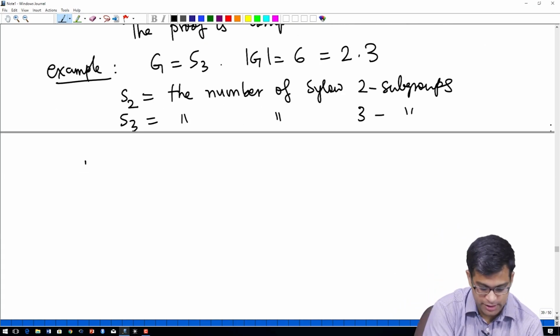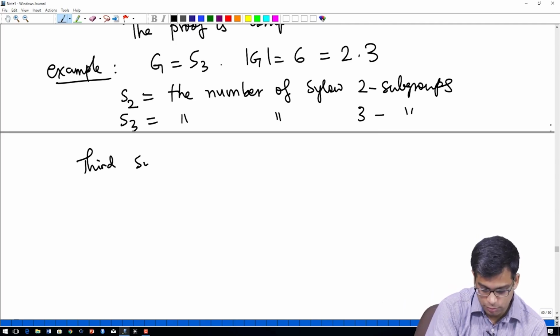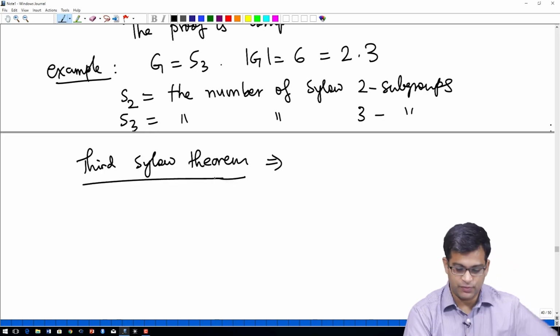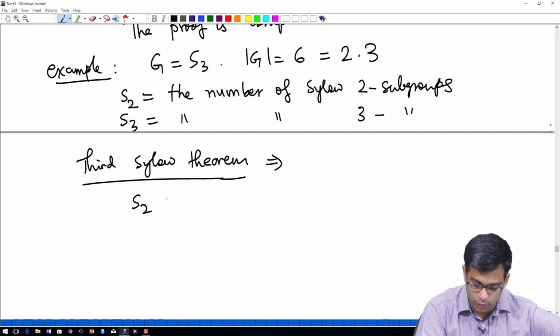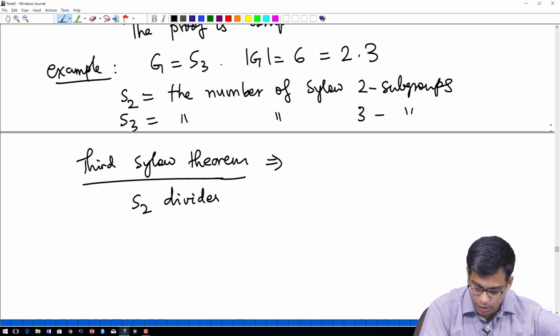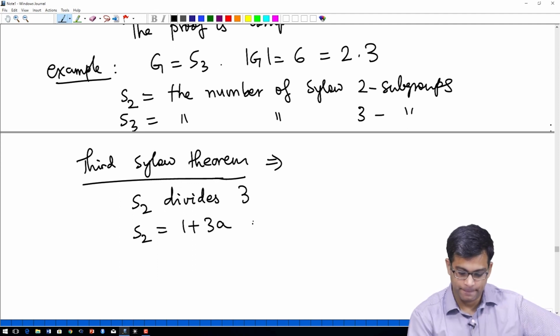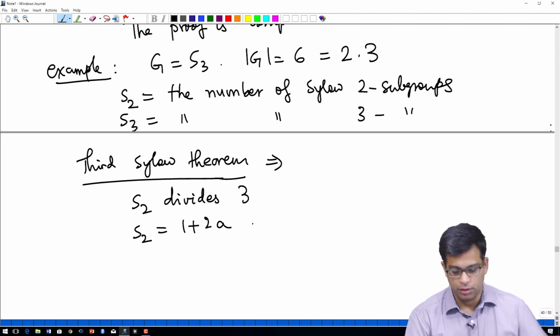The third Sylow theorem says, so let us first do S2. So S2 divides 3 and S2 is 1 plus 2A, right.